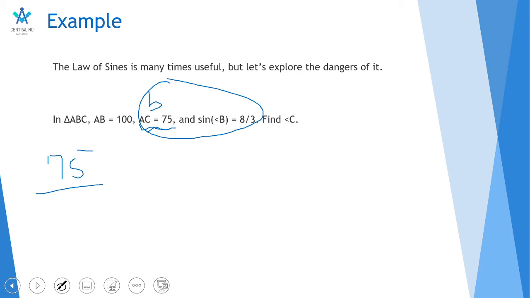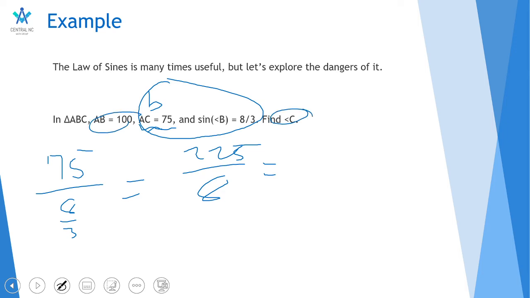75 over sine of B, which is 8 over 3, is equal to 225 over 8. This is equal to this over that. Quite simple.